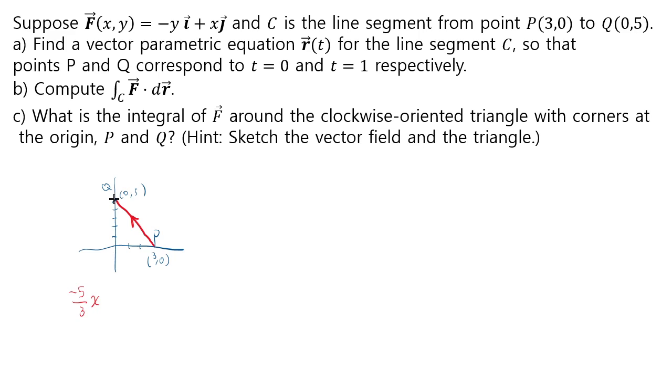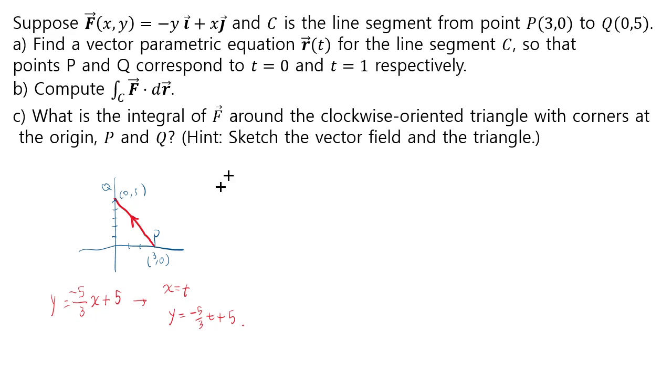And because the y-intercept is 5, we know that y equals negative 5 over 3 x plus 5. And once you have this, then you can parametrize this by saying x equals t, and then y equals negative 5 over 3 t plus 5. So that's one way to do it.